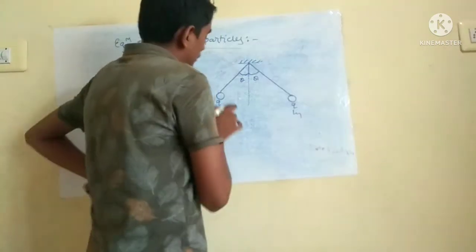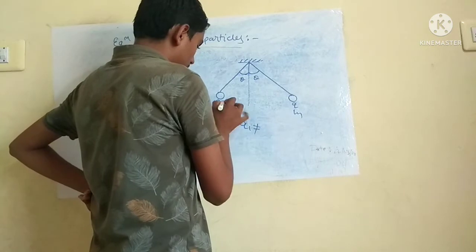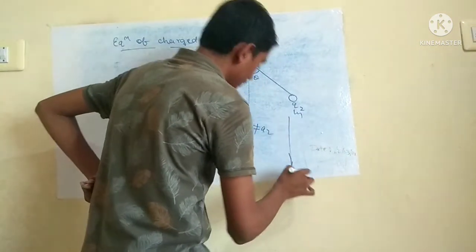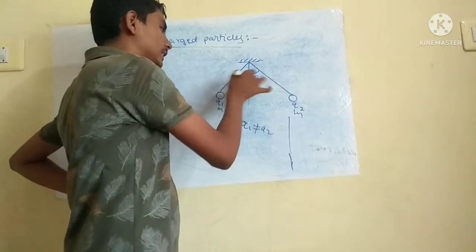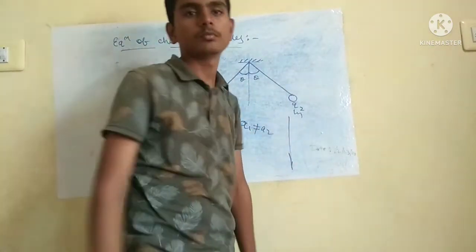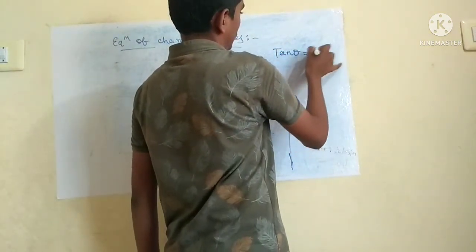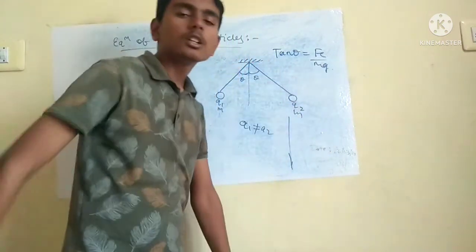Okay. Now if these charges are not equal, consider this as Q1 and Q2. If Q1 and Q2 are not equal, then tell me whether this theta will be equal or not. This is the formula for tan theta. Will they be equal?